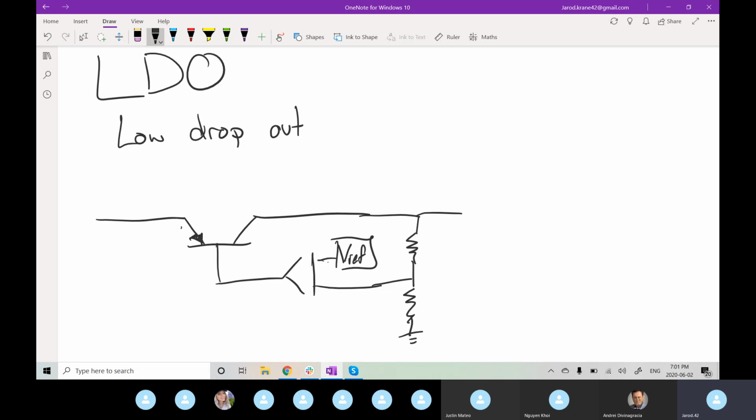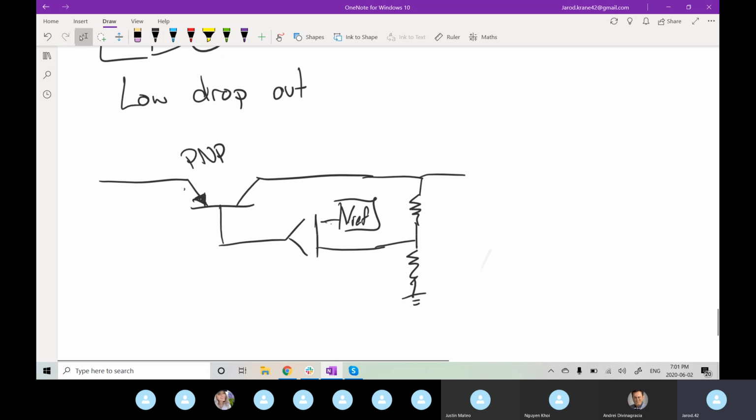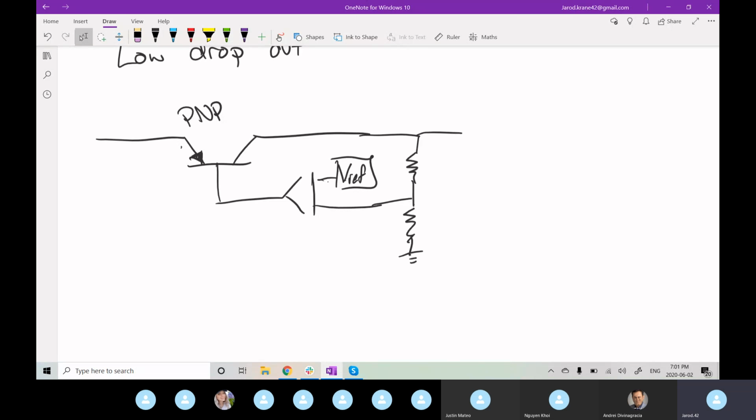But we'll more commonly have a PNP transistor. Did I draw that right? I'll say I did. Which in most cases produces a lower voltage drop.